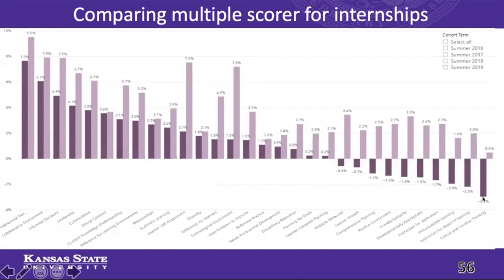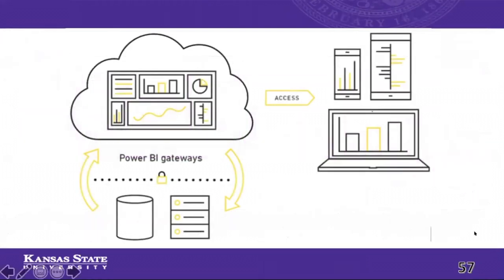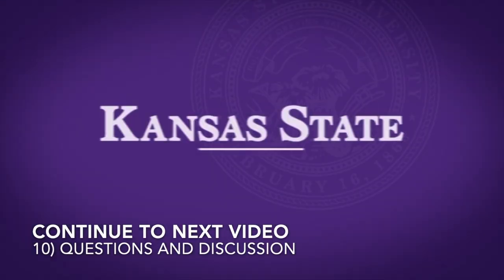So we may want to make a decision on, do we need to be a little bit stronger in our scoring, or do we need to communicate our expectations a little bit better? It doesn't give you all the answers. It gives you more questions by which you can look at your particular learning aspects. And this is all done by simply connecting multiple data sources together.